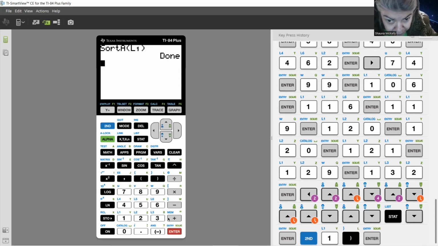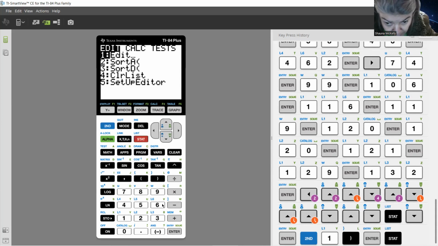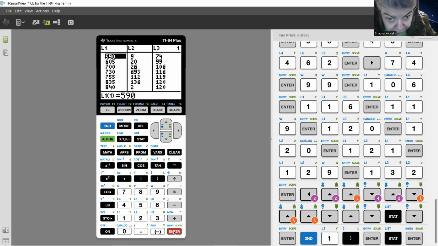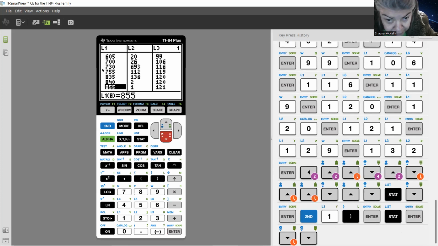And what that's going to do is sort for me. So I'm going to go to stat again and either enter or the number 1, either way. And you'll see that just L1, because that's all I asked it to do, just L1 has been sorted. Okay, so there's L1, and you can see the values in the list.